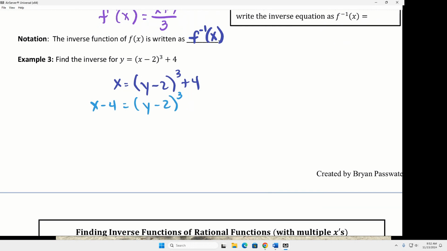They said the third square root last period. Don't ever say that. It's the cube root. All right, so we're going to do the cube root of both sides.